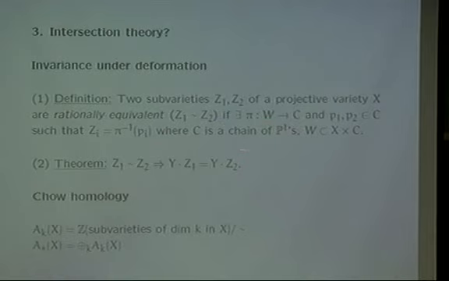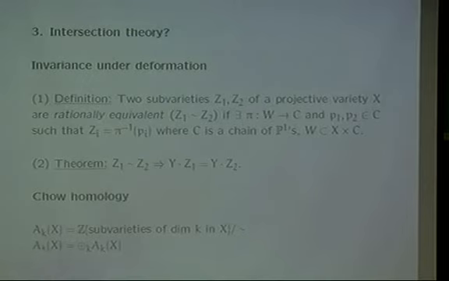If you have a chain of P1s, a chain of lines, that's C, and then you want to have a variety W over C, and two points P1 and P2 in C, such that the inverse image of P1 is Z1, and the inverse image of P2 is Z2. So it's like you have a family of subvarieties, and at one point you have Z1, and at the other point you have Z2, continuously deformed.